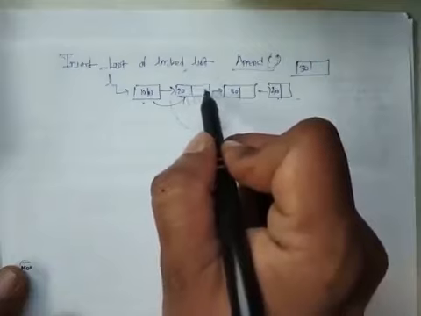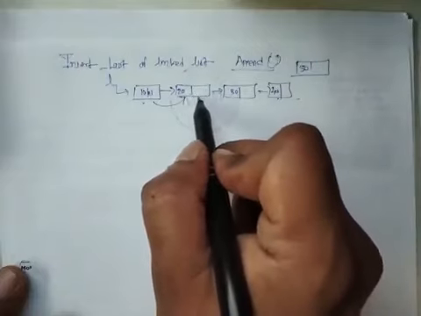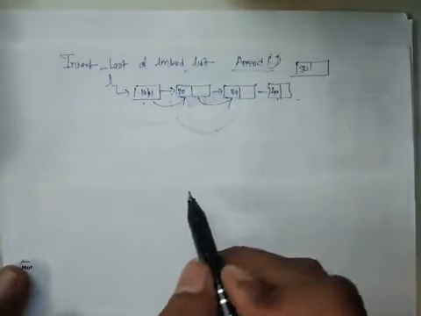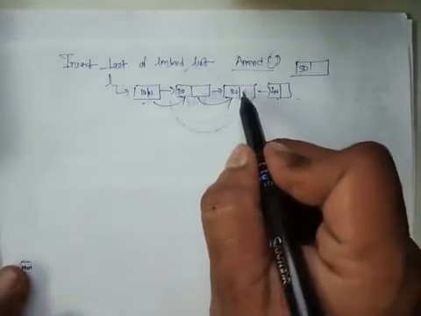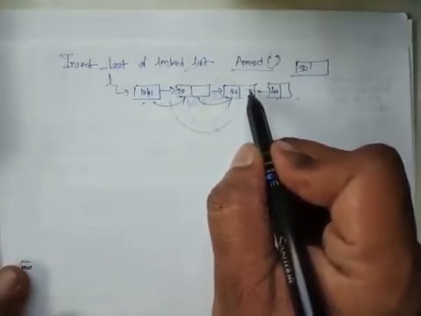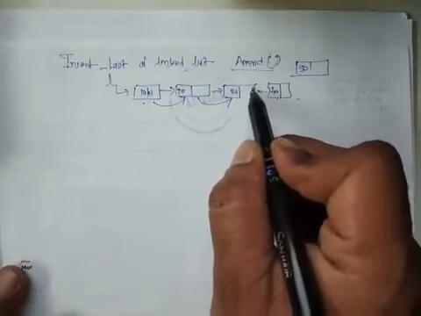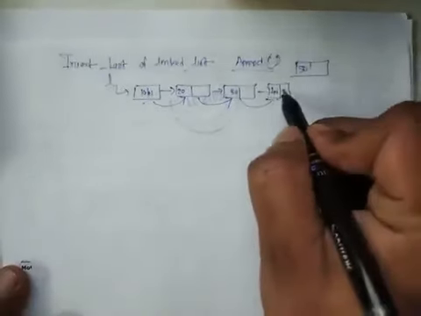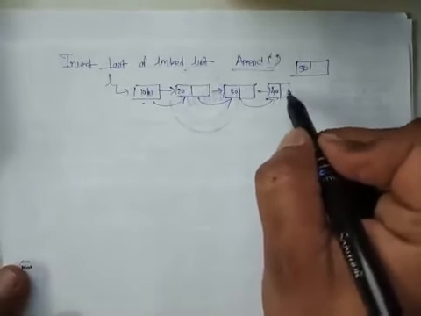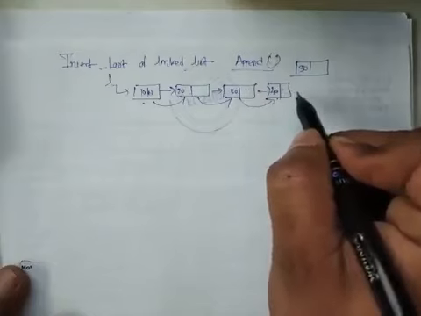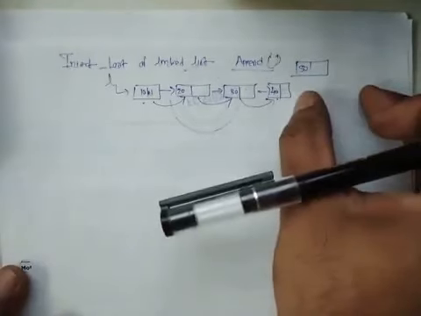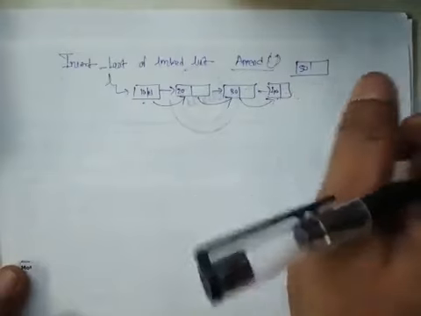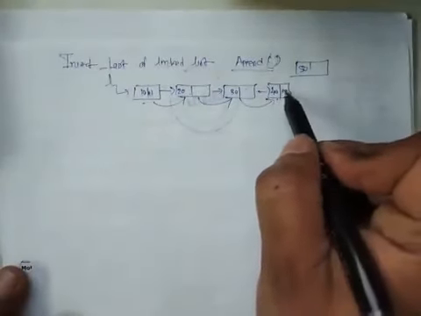We repeat the check at each node and jump on. Now we check whether this node's link part is holding the null value. Yes, since there is no node after this node 40, it is holding the null value.